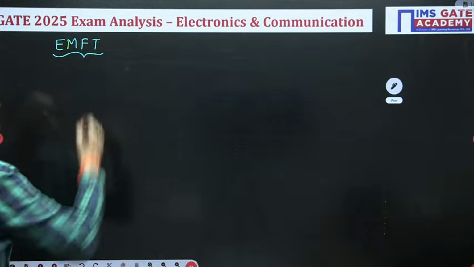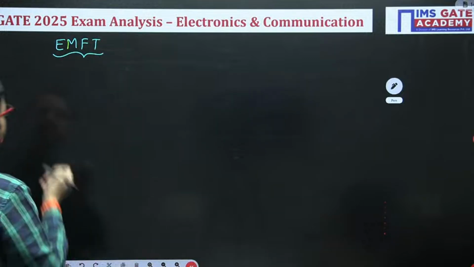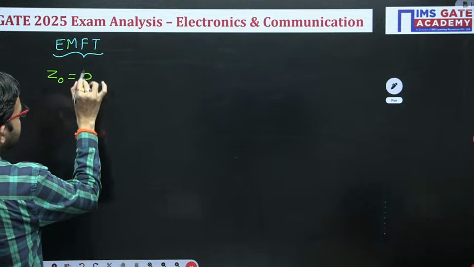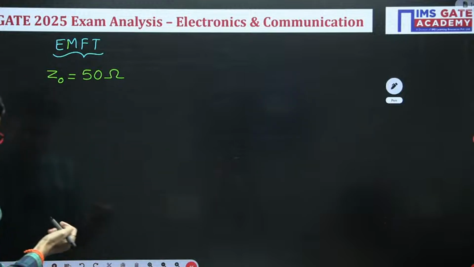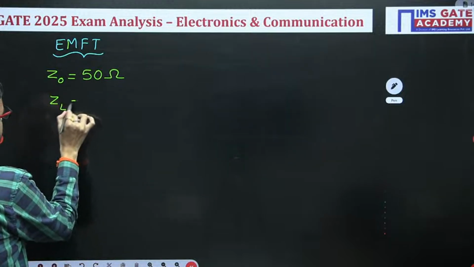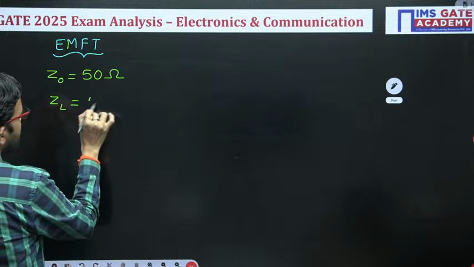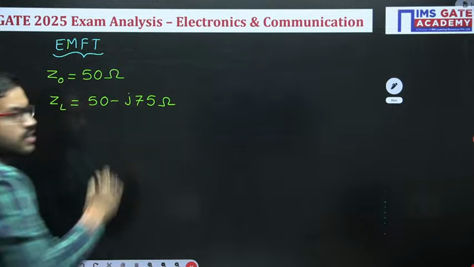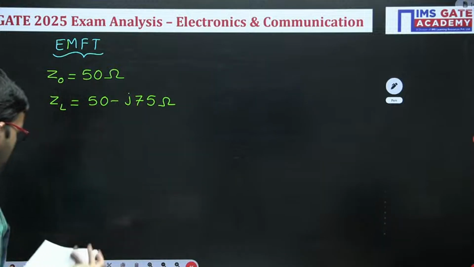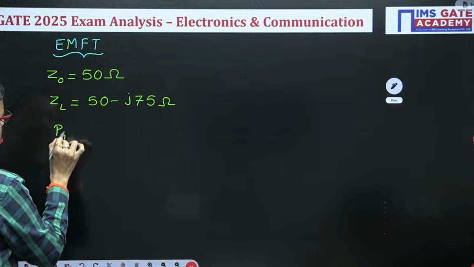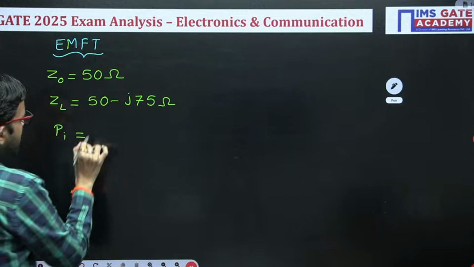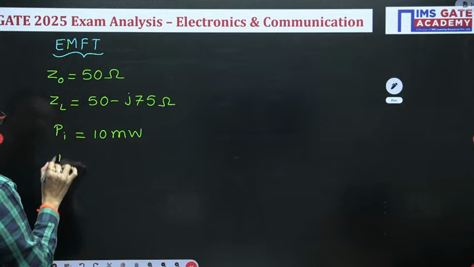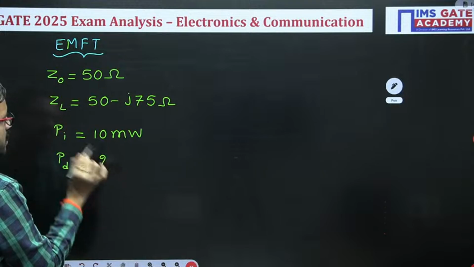In this question, they have given Z0 as 50 ohm and ZL as 50 minus J75 ohm, and they have given incident power 10 milliwatts and they are asking the delivered power. How much power is delivered?